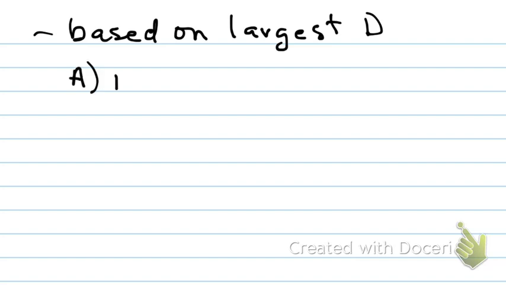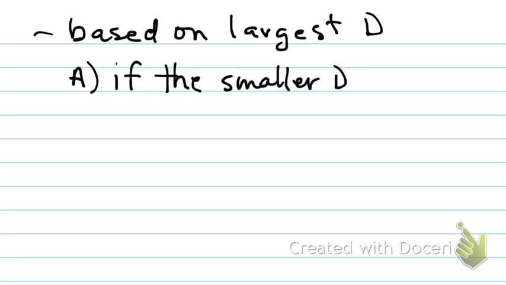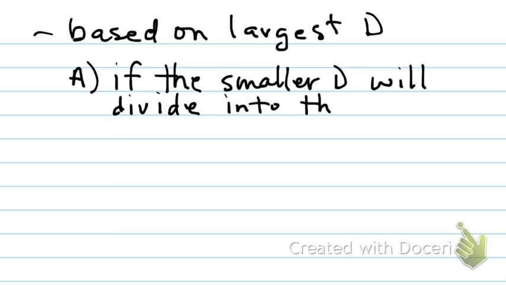And I'm going to give you two little cases here. First, if the smaller denominator will divide into the larger denominator, if the smaller one will divide into the larger one, so just look at your two numbers.